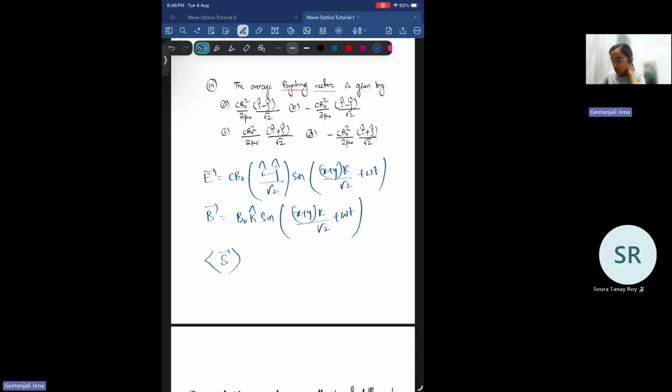It's quite easy because you already have the expressions of E and B. If you know the average of cos square and sine square, you can easily find the Poynting vector for this case. First find the Poynting vector, then you can take the average. What is S?